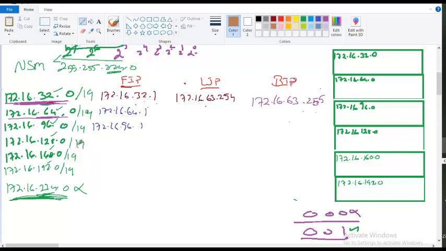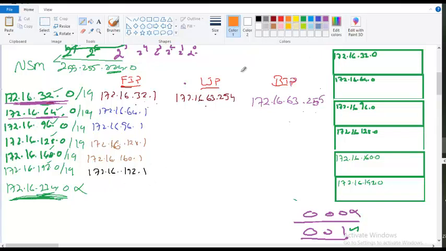The next department is 172.16.128.1, 172.16.160.1, and then 172.16.192.1. These are all the first IP.